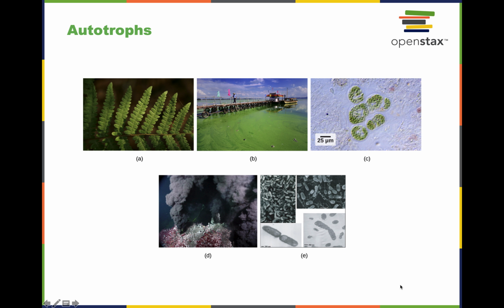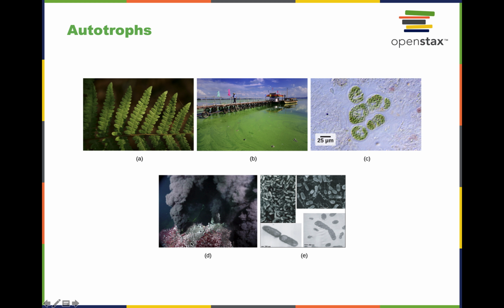Photoautotrophs. So some examples of autotrophs: in here this is a plant, that's algae, that's another picture of an algae. These little organelles in here are chloroplasts.